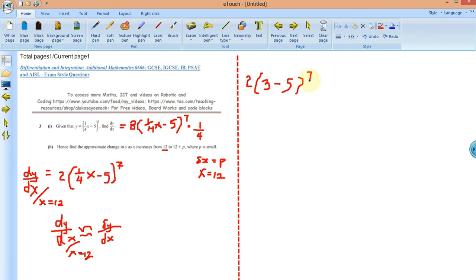That is dy over dx now. So 3 minus 5, that is minus 2.